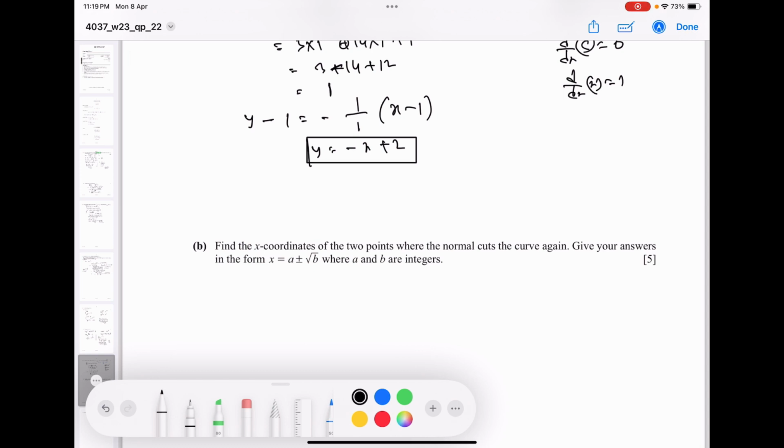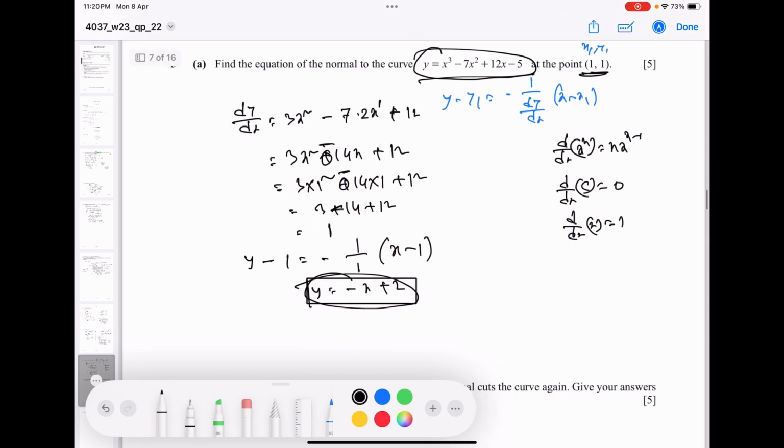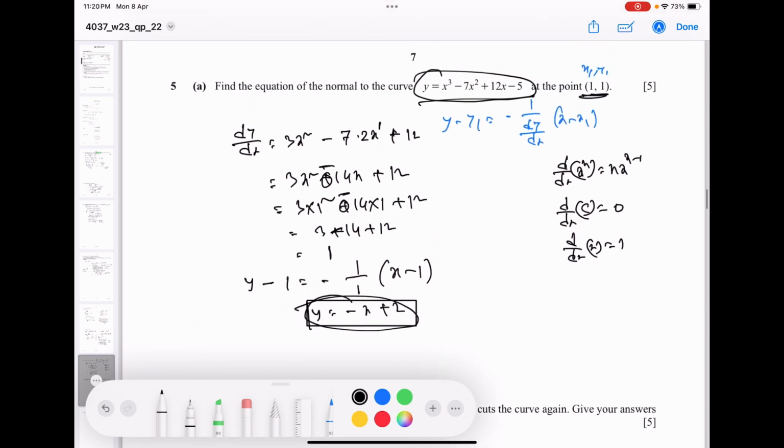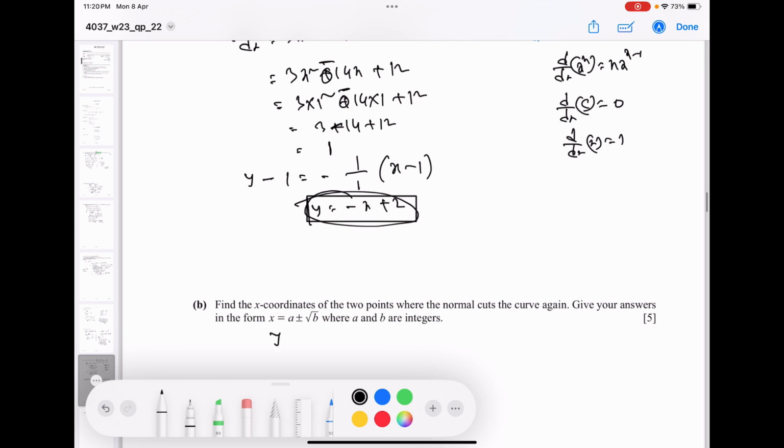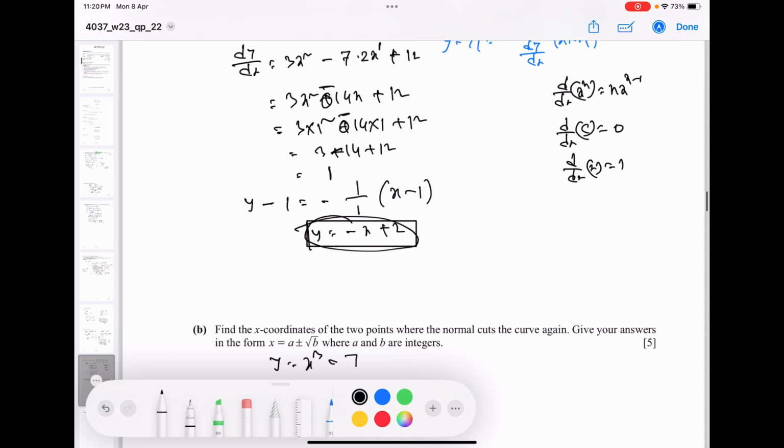Okay, great. Now let us come to this question. Find the x coordinates of the two points where the normal cuts the curve again. This is the curve, and this normal line is meeting the curve again. So let me write the curve y equals x cubed minus 7x squared plus 12x minus 5, and the normal is y equals minus x plus 2.